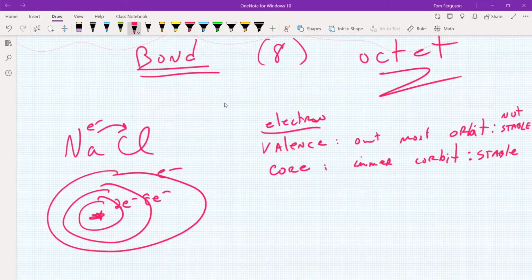Core electrons, the innermost electrons, are very, very stable, so these do not react because they're already stable. This guy is a valence electron and it is not stable. So plain old sodium is very reactive. If you get sodium metal, it's so reactive you buy it covered in oil.